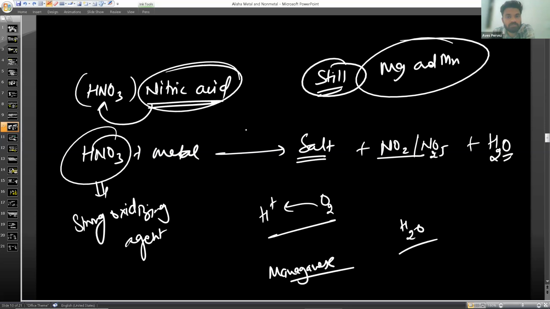HNO3 being a strong oxidizing agent would not liberate hydrogen gas because it oxidizes the hydrogen ions to form water. Very good.